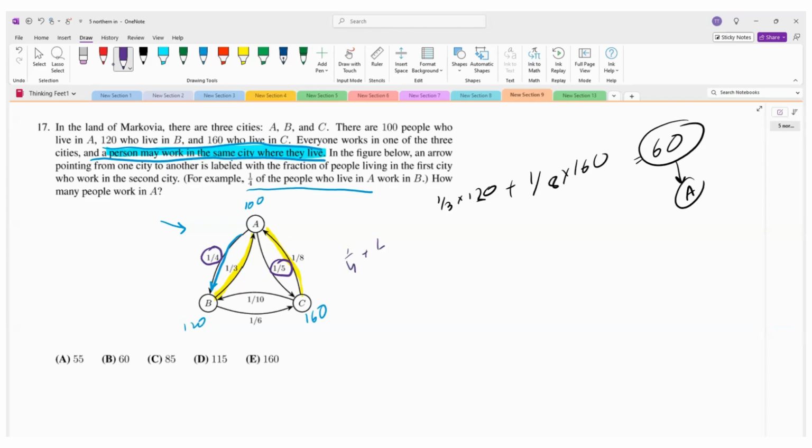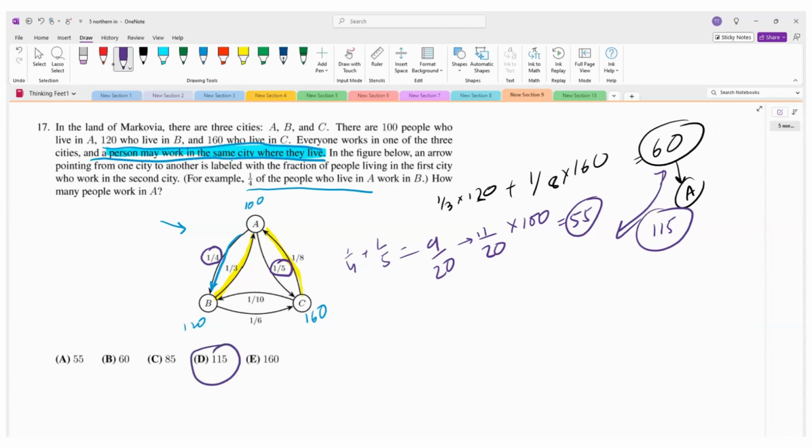So 1/4 plus 1/5, which is 9/20. If 9/20 are leaving A, that means 11/20 are staying in A times 100, which is 55. So I need to add these two together to get 115 is the people who are working in A, right?